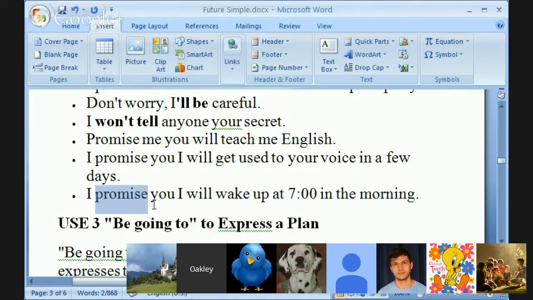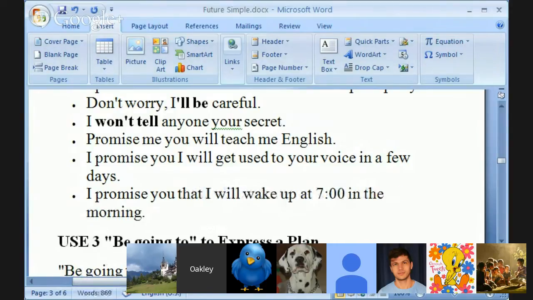Subject, verb, noun, object, noun, and then another subject, verb. Okay, just subject, there's no object noun, but in any case, this is a case where in English, you could put "that": I promise you that I will wake up at 7 in the morning, to combine these two clauses.